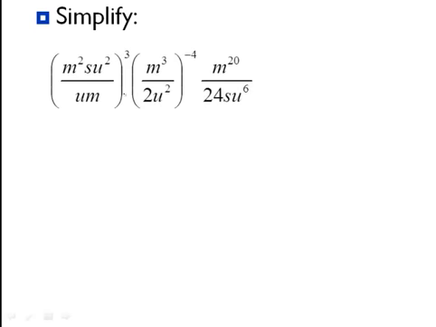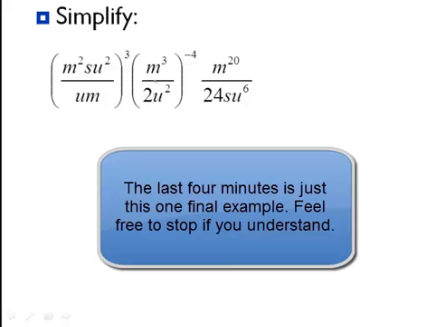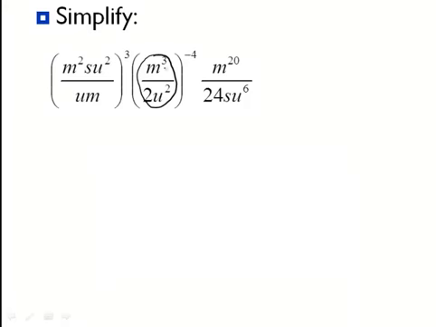And one final example, which looks completely disgusting, but just to show you that we can do this if we approach it in small chunks. Maybe the first thing I'll do is take this factor and rewrite it. Remember, if you've got a whole fraction raised to a negative exponent, it might be easier to rewrite that as the reciprocal raised to the positive fourth power.